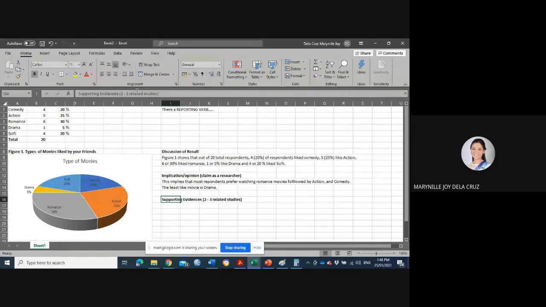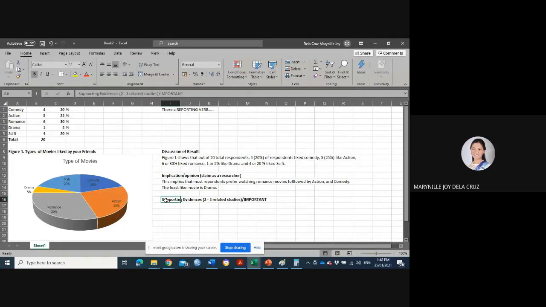This is essential, important, because without the supporting evidences, your result is not valid and reliable. So make sure that you will always support your data with supporting evidences.